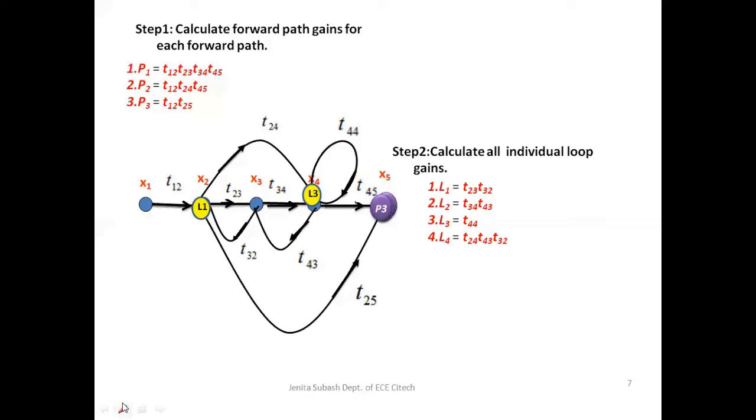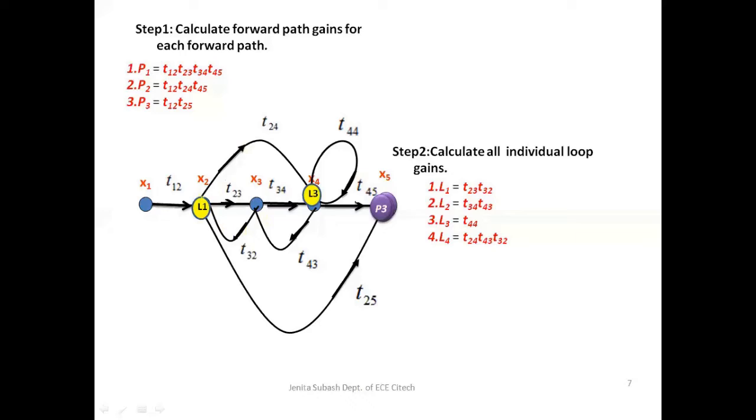Let me highlight. Loop 1 and loop 2 share a common node, that is x3. Whereas if you consider L1 and L4, the loop L4, which has been traced here in the highlighted region, shares a common node x2.